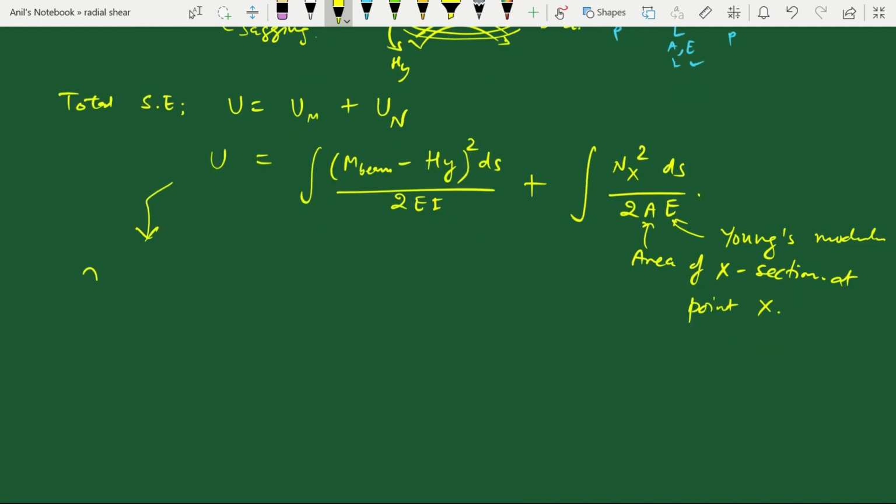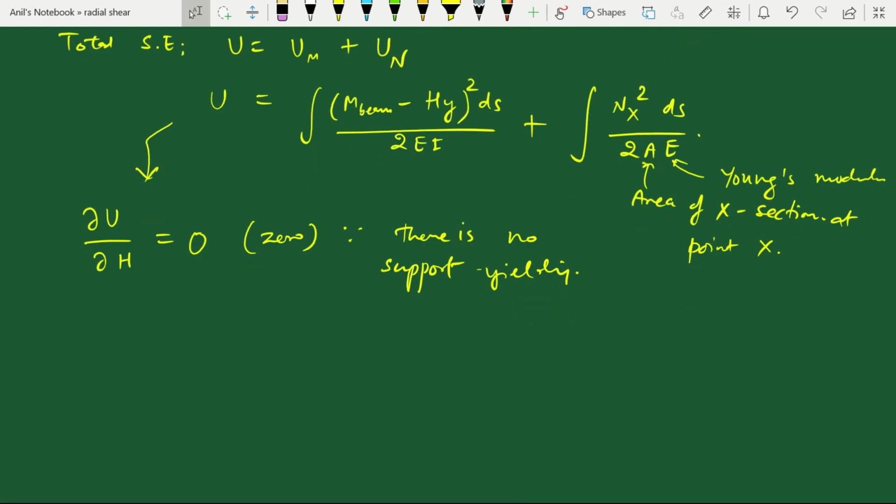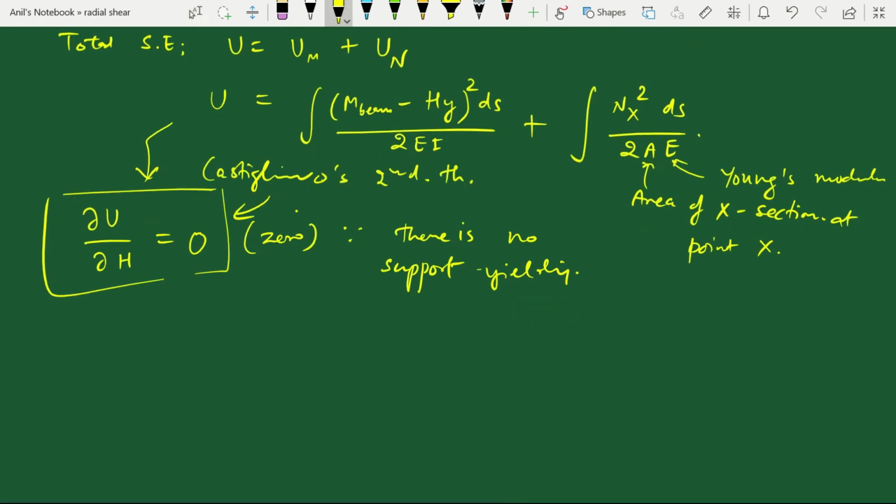Now, as usual, differentiate U with respect to H and equate it to 0 because there is no support yielding. After differentiating U with respect to H, we get it like this.